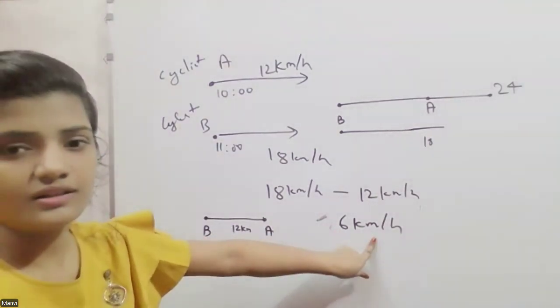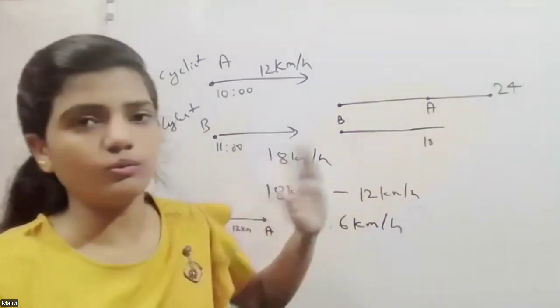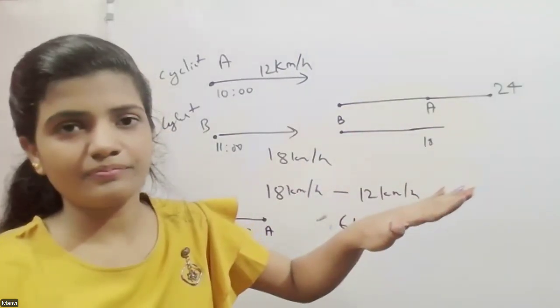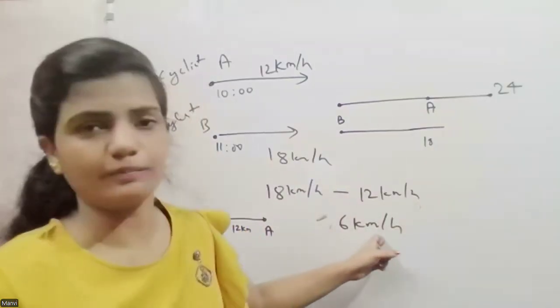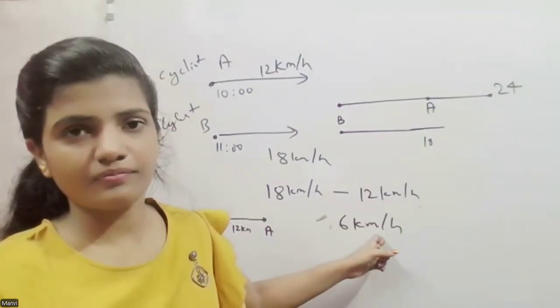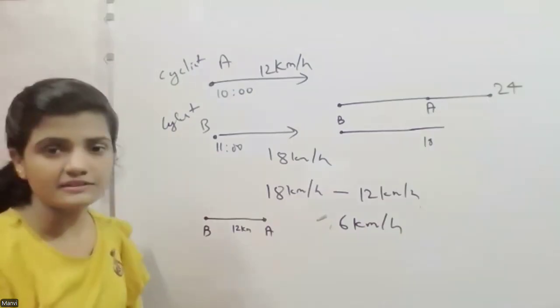It's not like A stopped somewhere. A is also traveling, and B also. So the actual speed is just 6 kilometers per hour, which is what B gains on A.